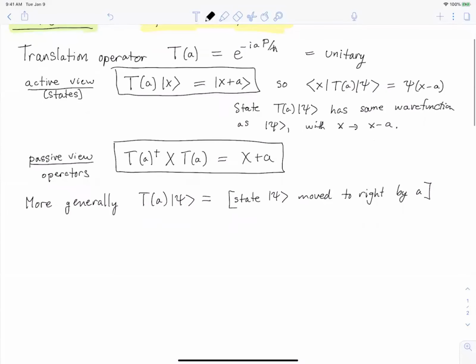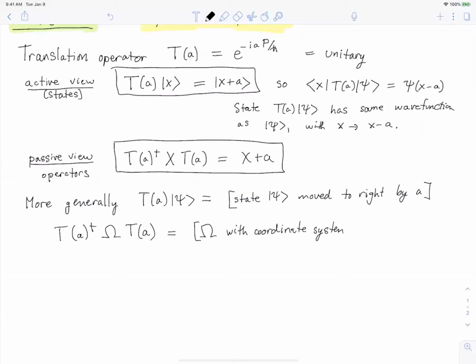Okay, and T_a dagger on any operator omega, T_a, is equal to, the verbal description is, the operator omega with the coordinate system moved to the left by a.